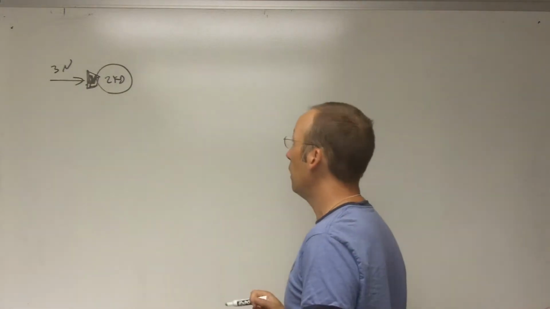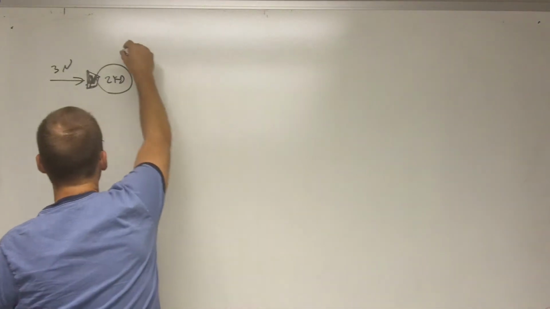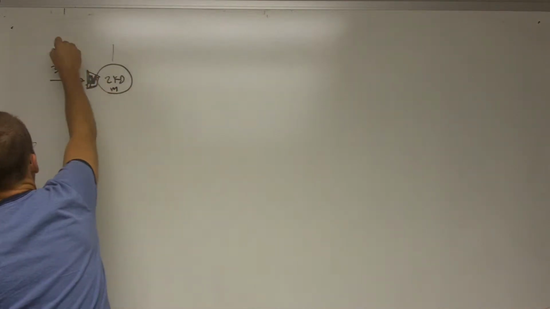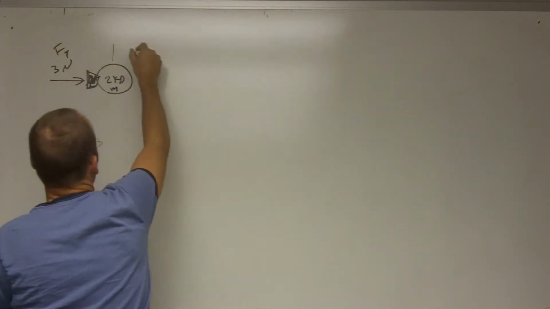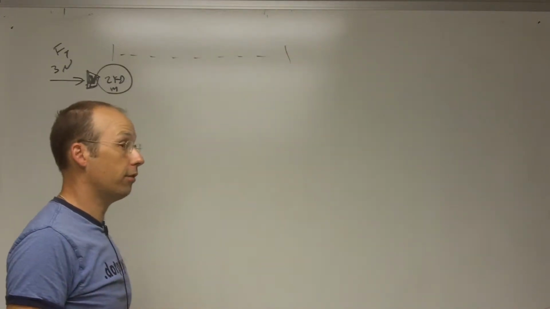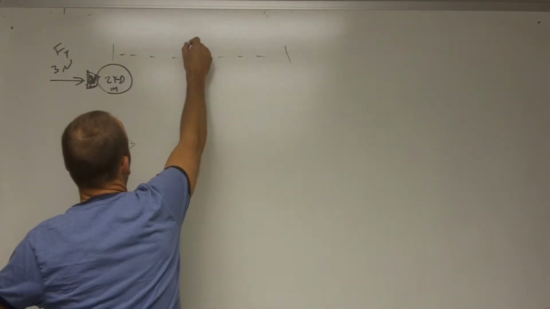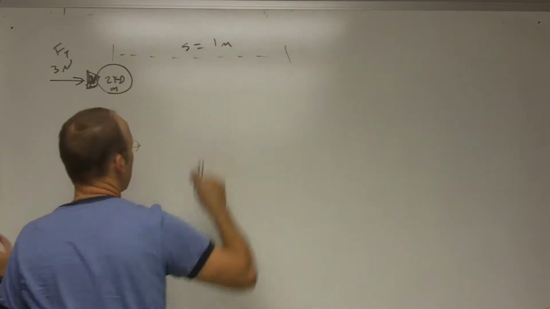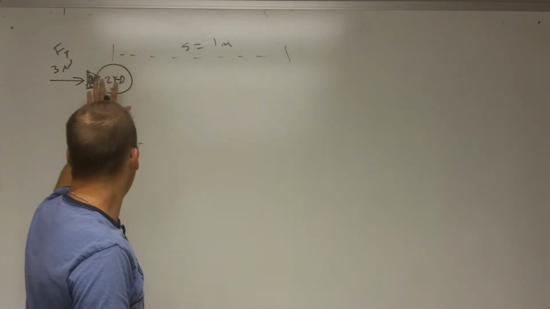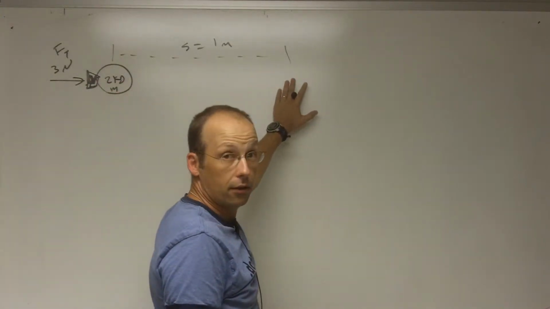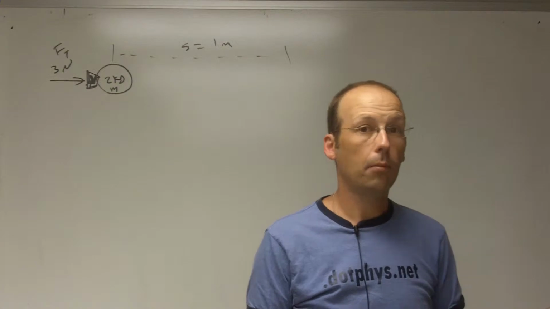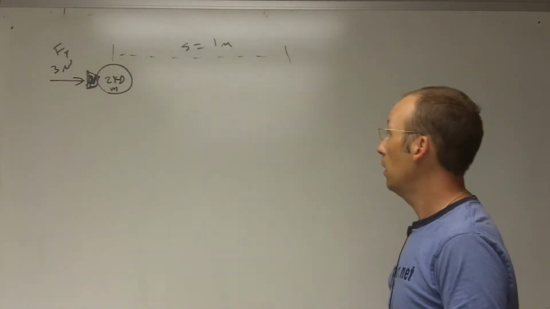What if I said, okay, this robot is going to, let's call that M, let's call that FT, and let's say the robot wants to fire the thruster for a distance S. Let's just call that 1 meter. So it starts at rest, fires the thruster, and then turns off the thruster right here. Now I know how far it's going to go, but how fast is it going to go?